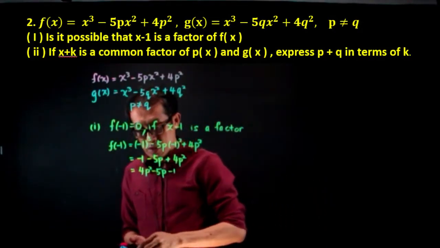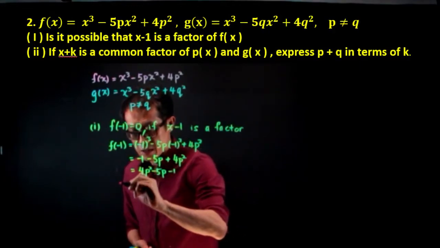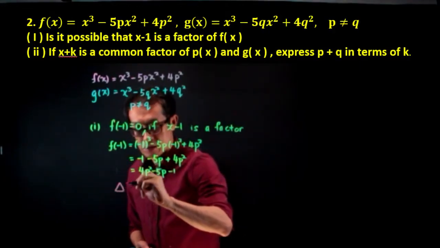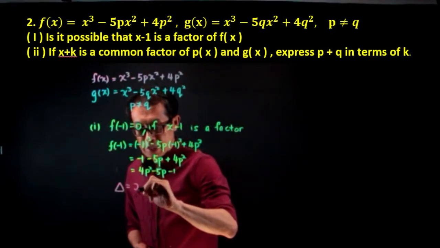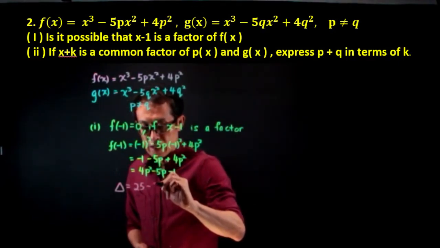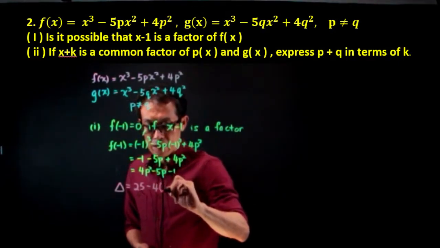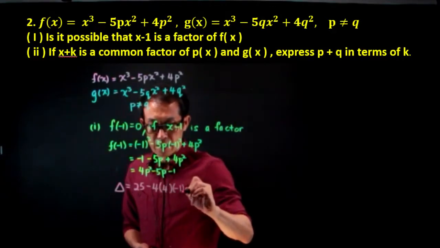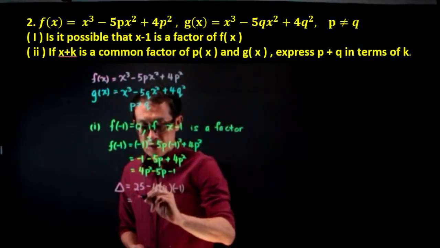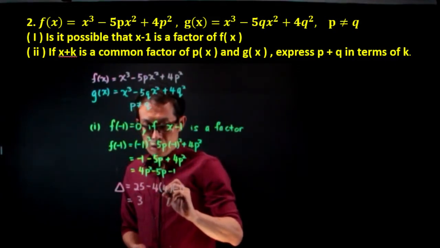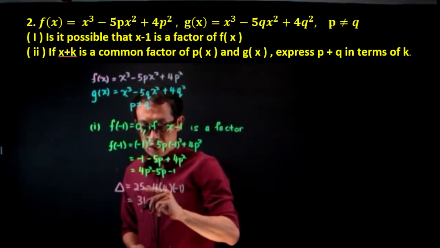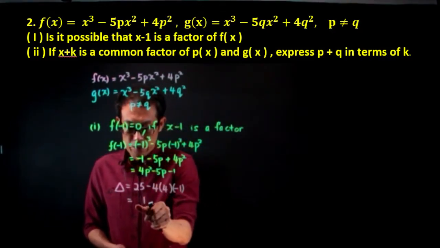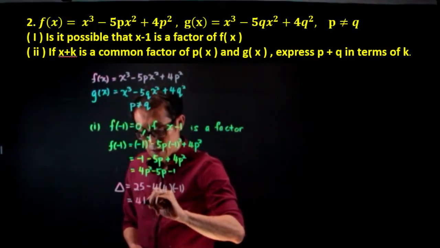So what is the discriminant of this expression? You will have b squared, we have 25, minus 4ac. Minus 4a, c is minus 1. And then you get 41. You will get 41.